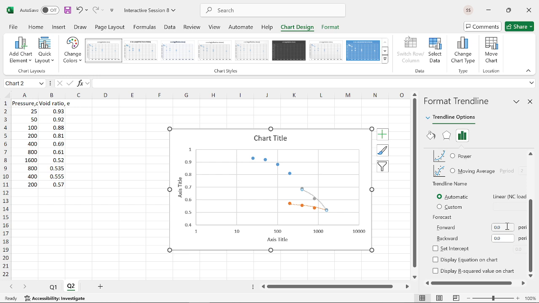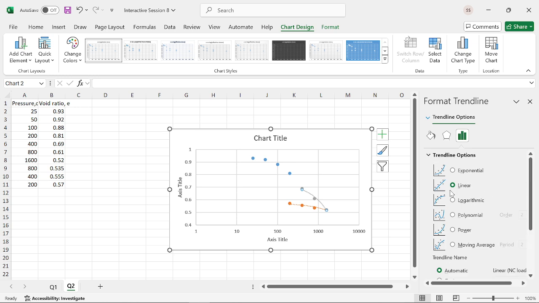So I will forecast forward one period, backward one period. Linear.